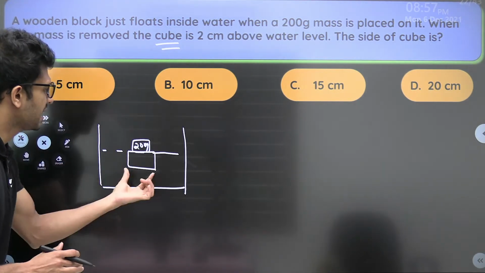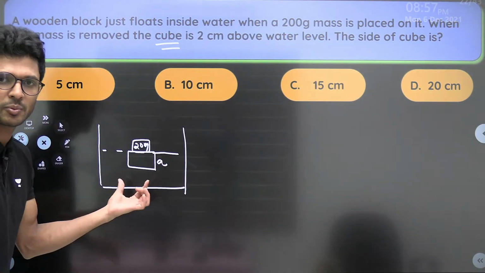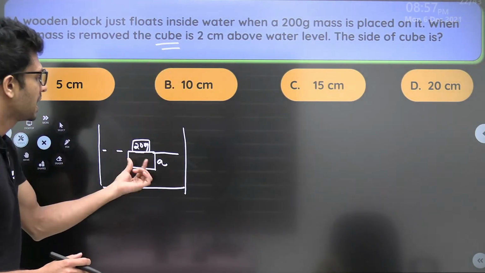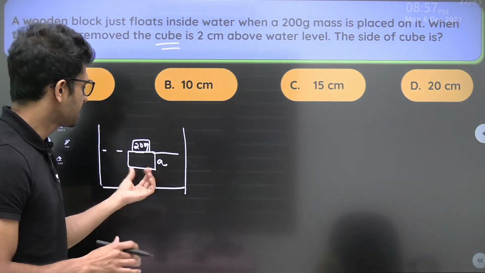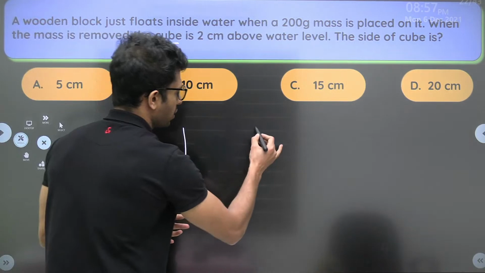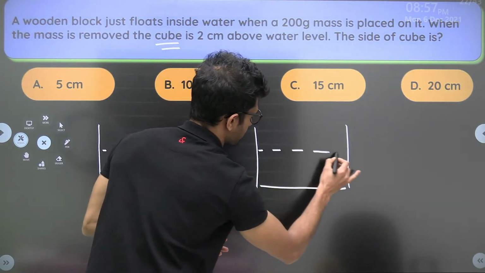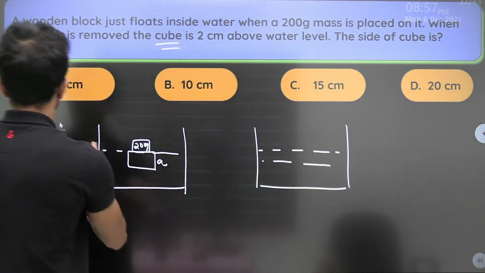Fine. Let's say that this cube is having a side of A. This wooden block which is in the shape of a cube. Let's give the side size as A centimeters or A meters. Now what is happening? Just listen here.